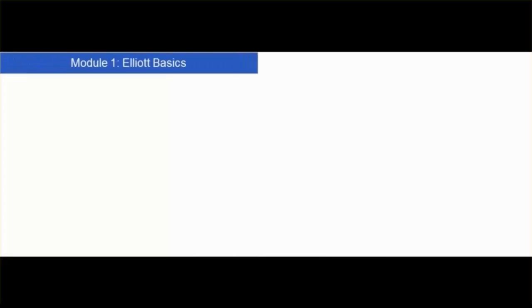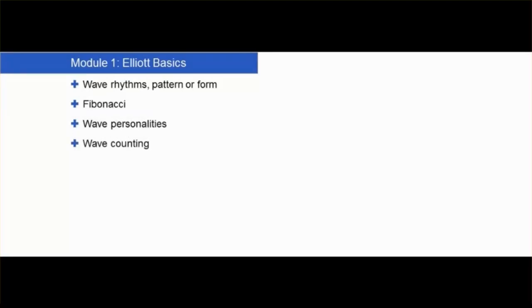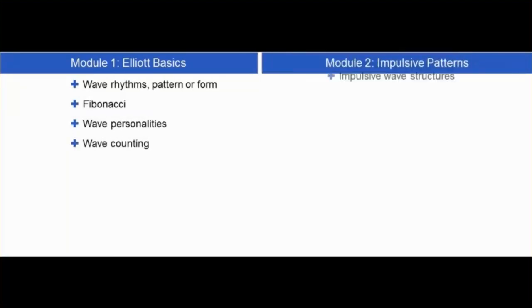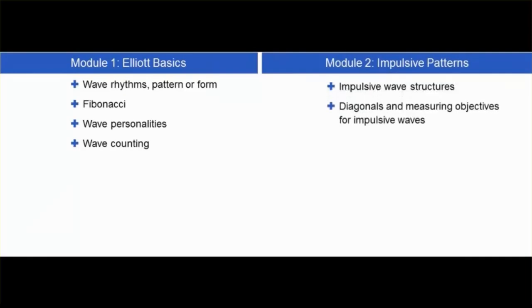You have come a long way on your journey to learning how to trade the Elliott waves. In Module 1, you learned the basics, the building blocks for success. You learned about the rhythms of the Elliott wave, wave pattern or form, Fibonacci, wave personalities, and how to count waves. In Module 2, you learned about impulsive wave structures, including diagonals, measuring objectives for impulse waves, and finding the end of a trend.